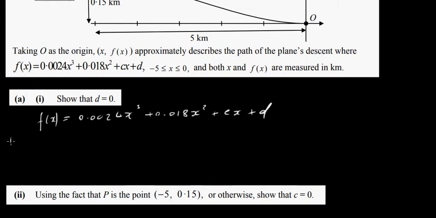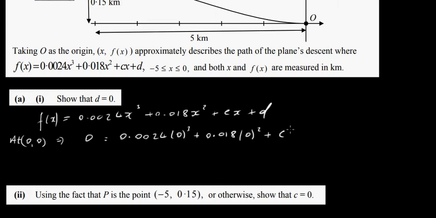Now at 0, 0 then, we can say that y will be 0, and we put the x in as well, so it's 0.0024, our x here is going to be 0, we've got to cube that, plus 0.018, our x is 0, we've got to square it there, then we've got c times 0 plus d.